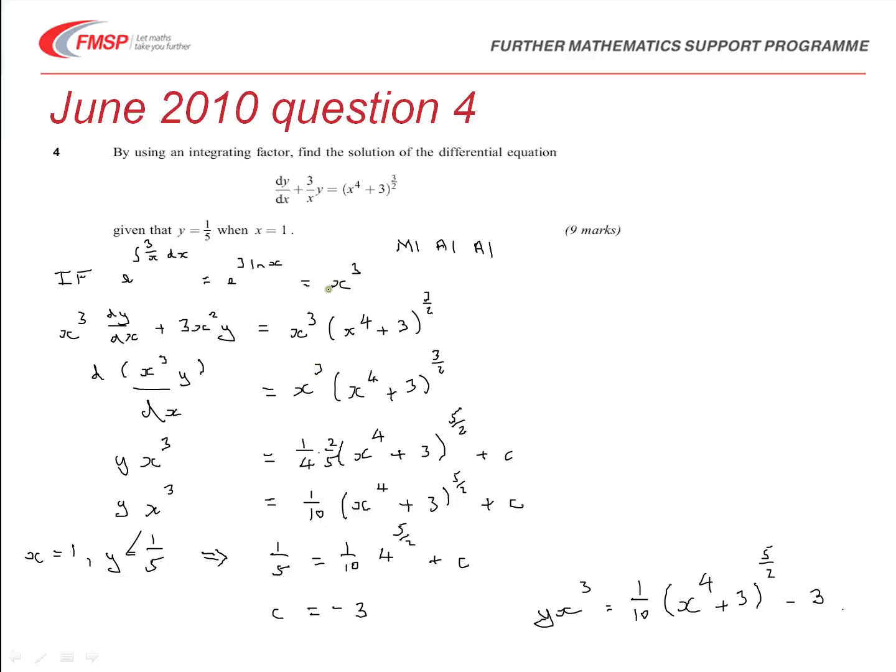Then, having done that, we would get a method mark and an accuracy mark for obtaining this line here, having multiplied through by the integrating factor and simplifying to this form. And again, integrating this, you get a method mark and an accuracy mark for obtaining the correct result at this point.